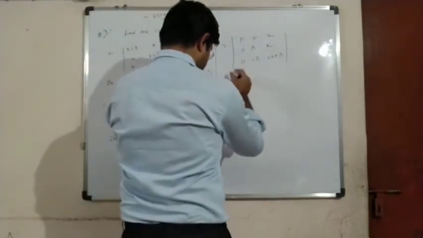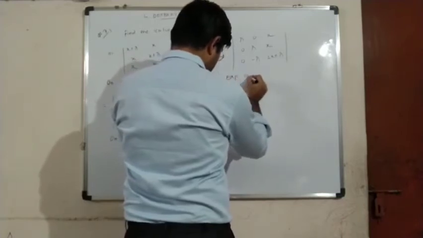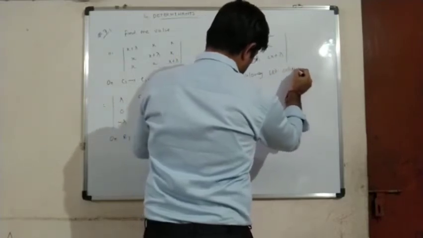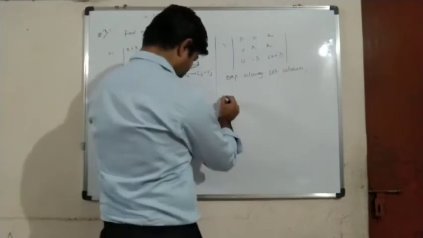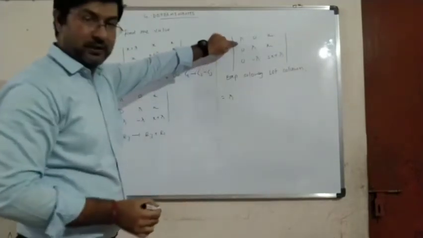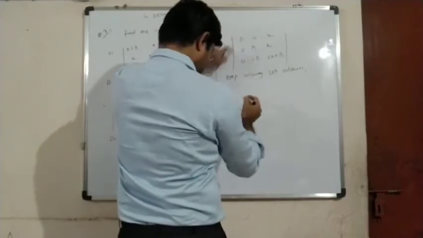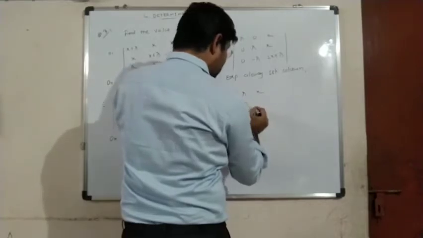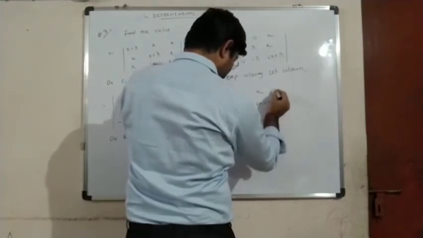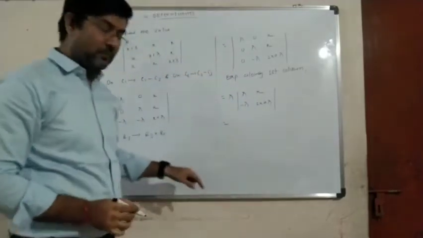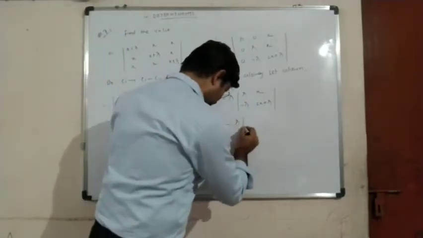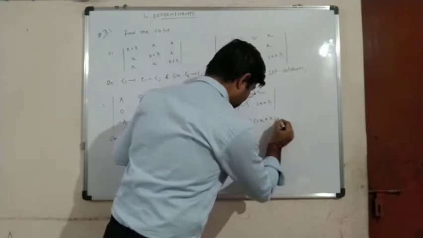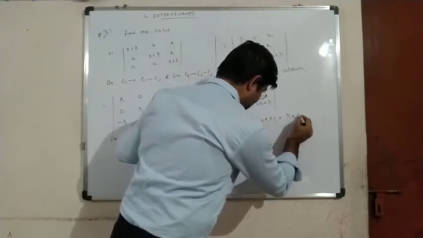So let us expand along the first column. When we expand, only the first term lambda and its minor remain: lambda x, minus lambda and 2x plus lambda. Let us solve this 2 by 2 determinant. We will get lambda into 2x plus lambda, minus minus lambda x.